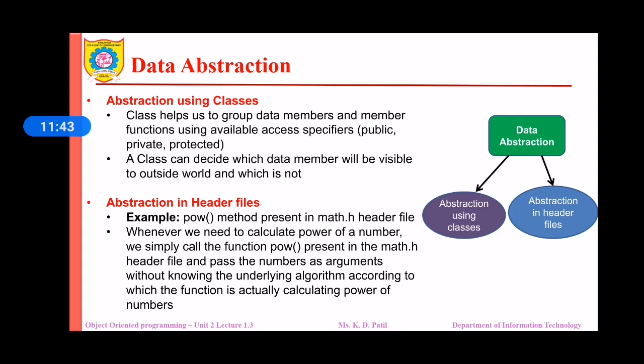Yes, you don't know. So the abstraction is provided over here. That power interface is available for you to use, and the implementation is hidden from the user, that is, from you. So likewise, abstraction can be achieved in the header files as well.